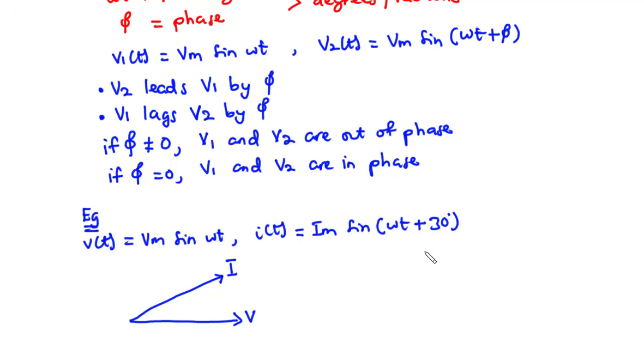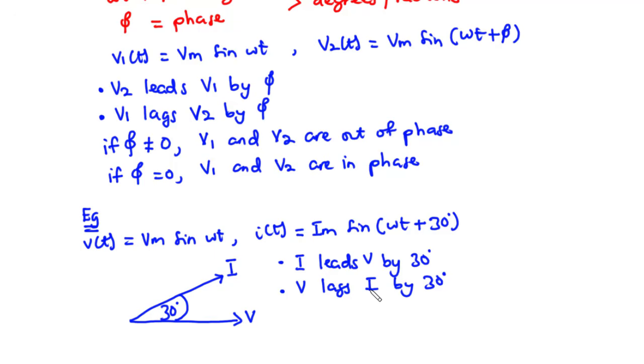and the current is leading the voltage by 30 degrees. So the phase angle between the current and the voltage is 30 degrees. So we can say that I leads V by 30 degrees, or better still, V lags I by 30 degrees.